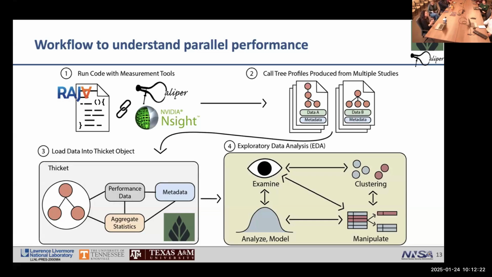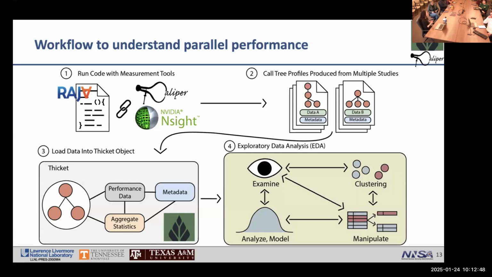So here's our workflow. In step 1, we have the RAJA Performance Suite kernels. They are annotated with Caliper annotations. Caliper is our performance measurement tool from Lawrence Livermore National Lab. We can run these kernels and measure performance metrics when we run them linked to these tools.